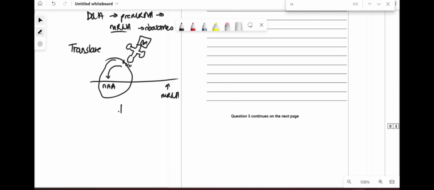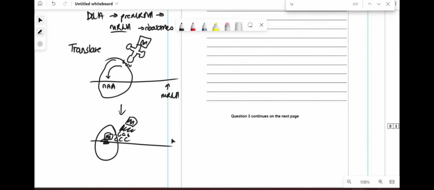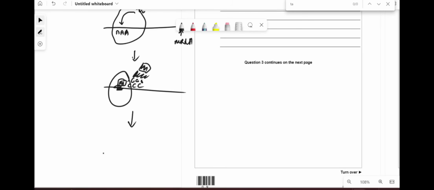It holds that amino acid in place. Then the next triplet is read. Let's say this one is CCC. So the next tRNA molecule with the complementary anticodon GGG sits next to it. Now you've got two amino acids sitting next to each other, held with those tRNAs.